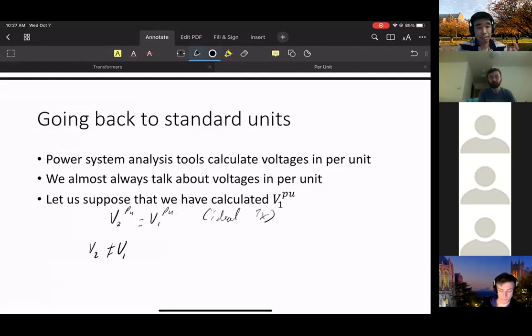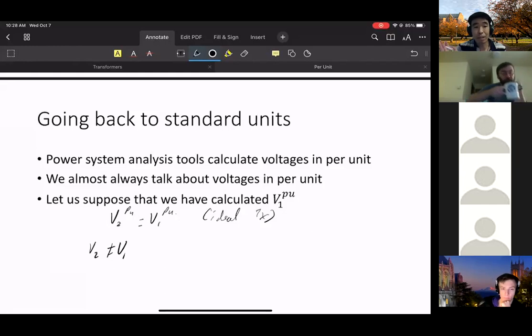We can say for the system, the nominal voltage is 1, and the computed voltages are all close to 1. We don't have to talk about a step up transformer that goes from 10 kilovolts to 100 kilovolts, or a step down transformer that goes to 20 kilovolts. We do per unit, and all this goes away. It's a unitless quantity for voltage that we can just talk about. We don't need to think of transformers anymore.